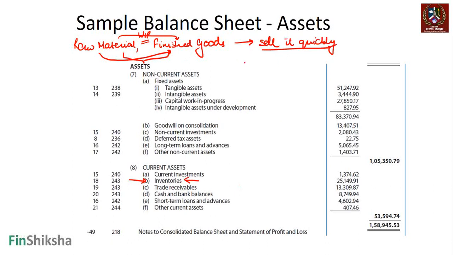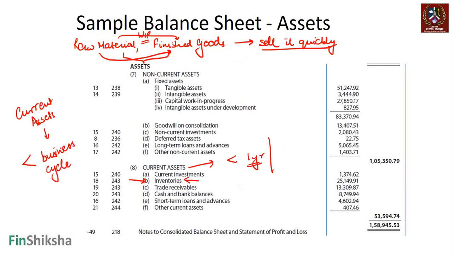Now remember, it is not hard and fast that we define current assets as less than 1 year. While that is the broad technical definition, ideally you could use a definition for current assets that basically says that these are assets which are held and can be recognized in terms of cash in less than a business cycle.